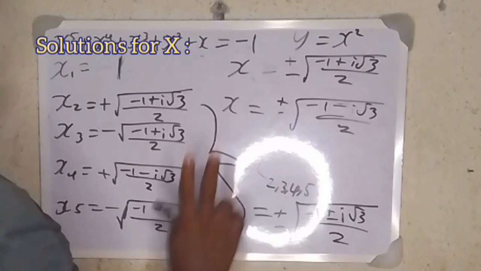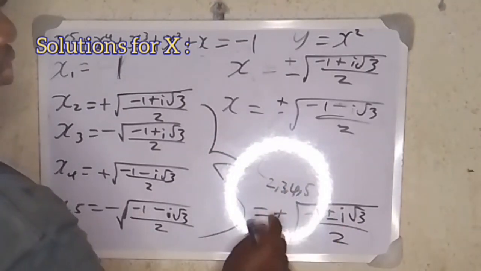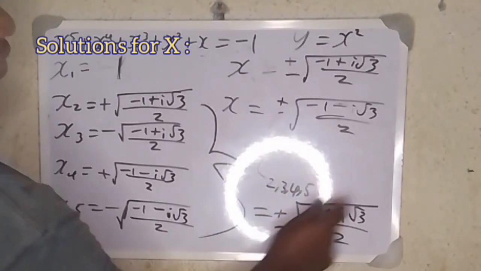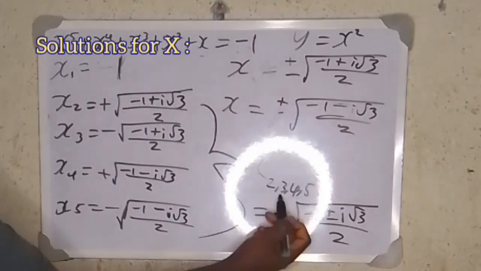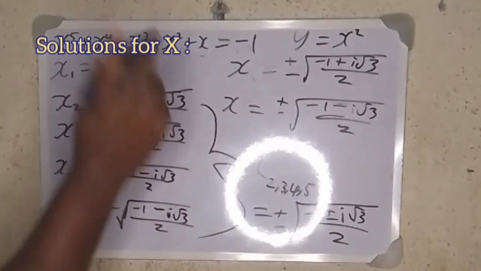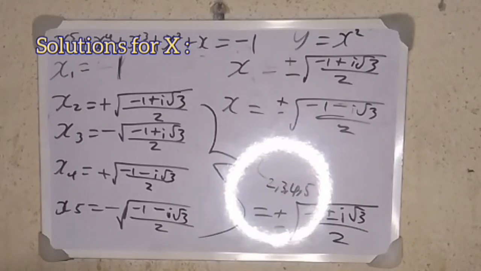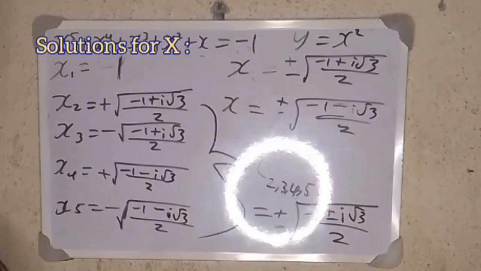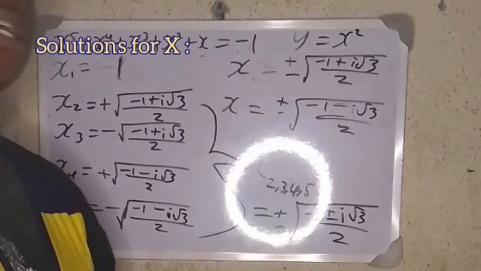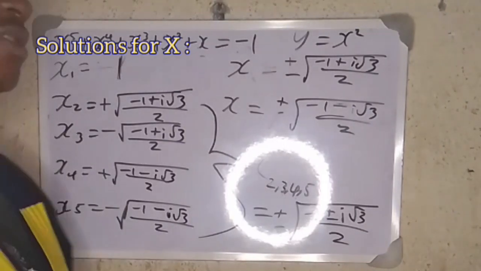This plus or minus will give us 2 solutions, and the other plus or minus will give us 2 times 2 solutions, which will be 4 solutions. So that is what gives us our solutions for x2, 3, 4, 5. All this can be simplified into this. So that is the solution for x^5 + x^4 + x^3 + x^2 + x = -1.